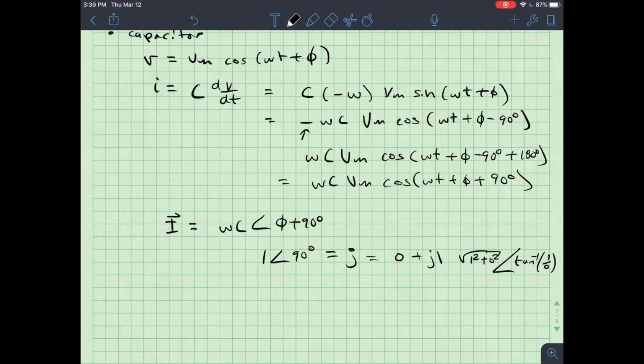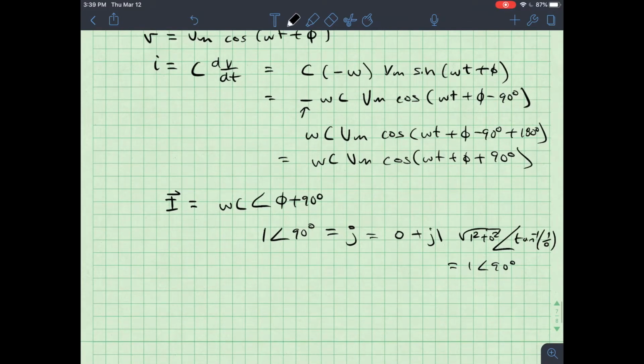So since that's true, I can pull this 90 degrees out, and that's multiplied by V phasor up here. I've got I phasor is equal to j omega C V phasor.